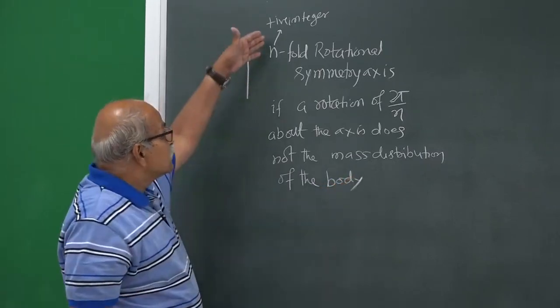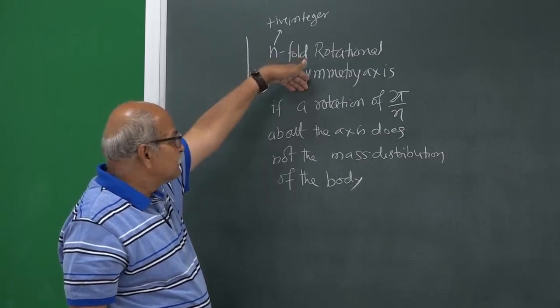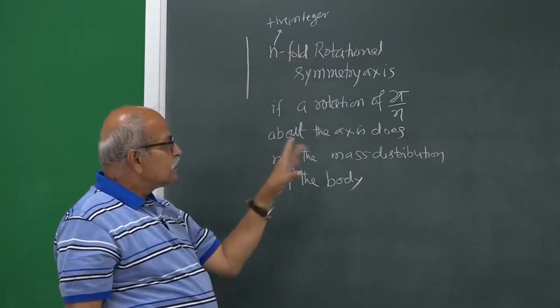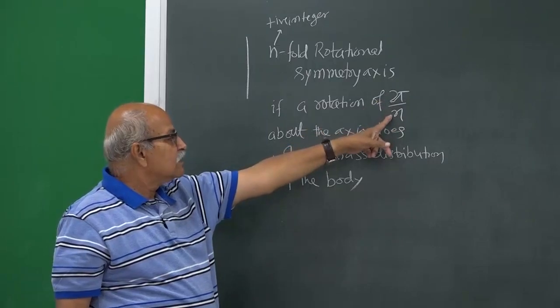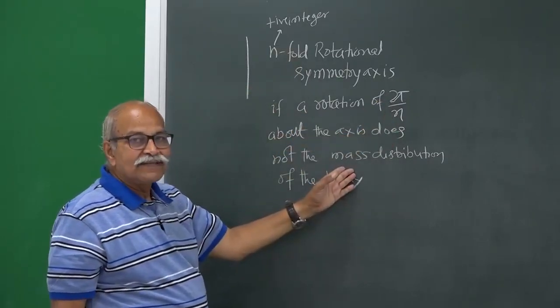This is called an n-fold rotational symmetry axis. If you rotate the whole body by this angle about that particular axis, then the mass distribution does not change.